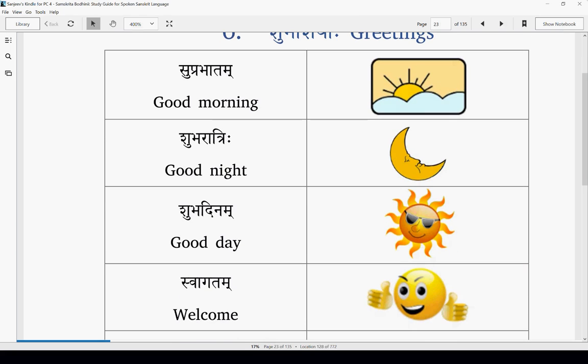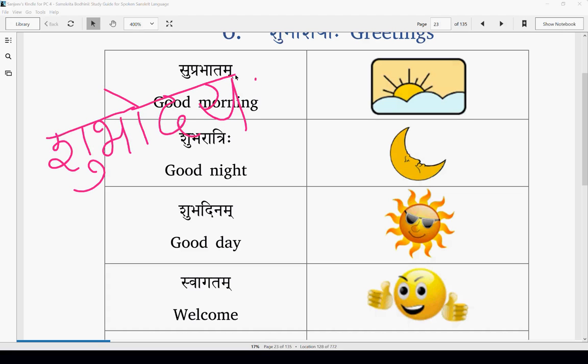Once again, in Sanskritam, there is no single set word for anything. For a given object, there are multiple words, and one word also can mean multiple things. So Suprabhatam is good morning, and Shubhodaya is also good morning. Because what is Udayaha?